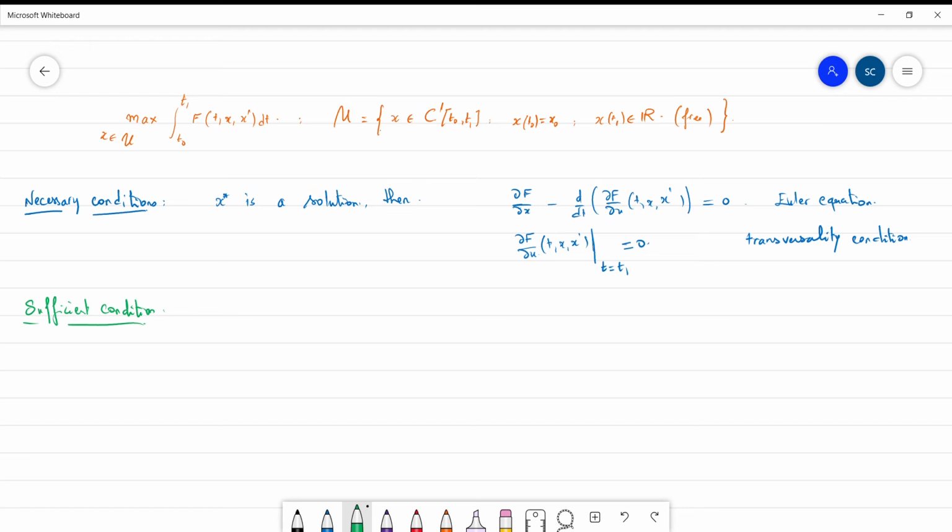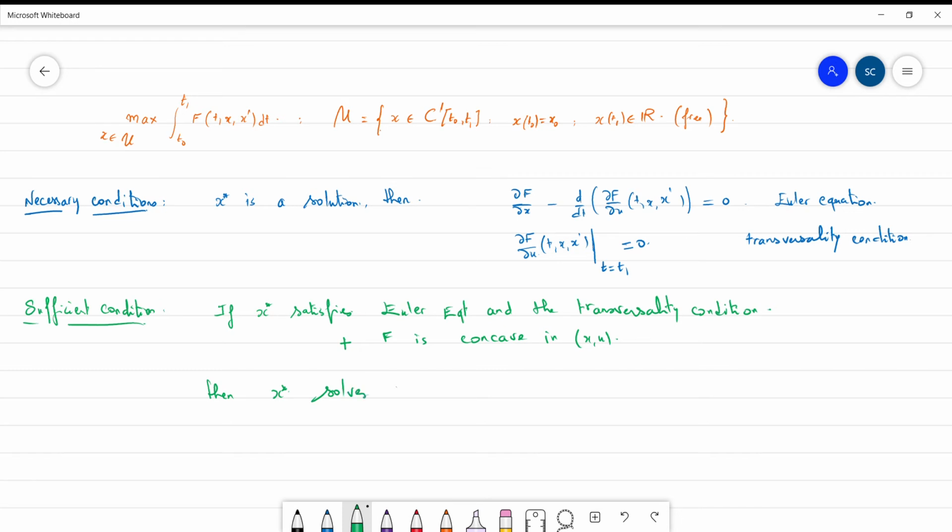So if x star satisfies the Euler equation and the transversality condition, plus f is concave in (x, u), then x star is a solution. It solves the max problem.